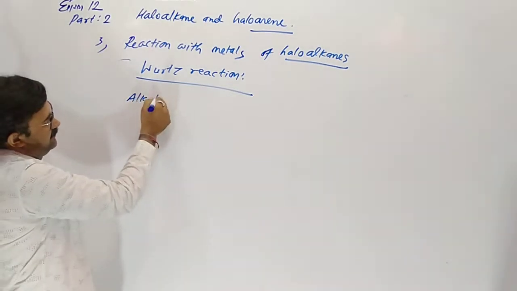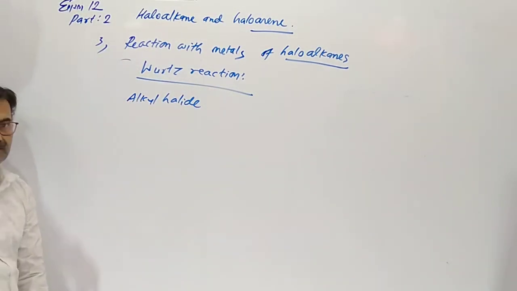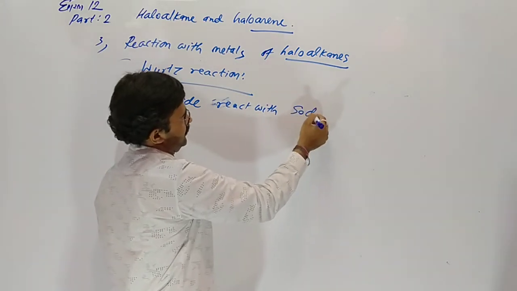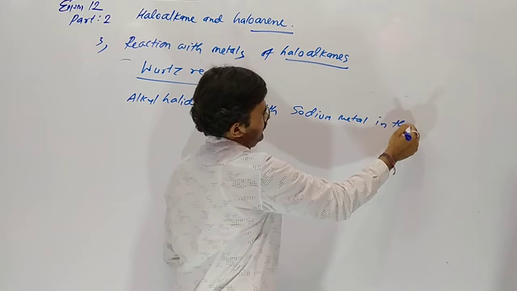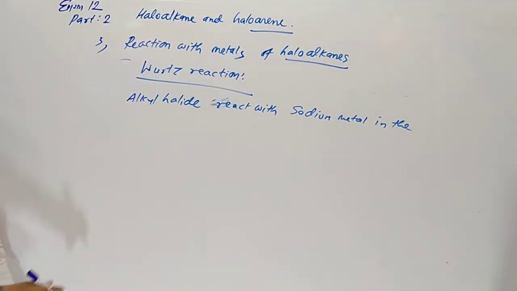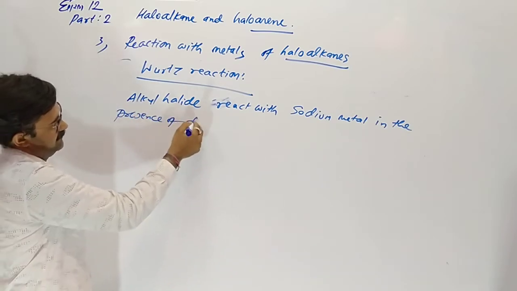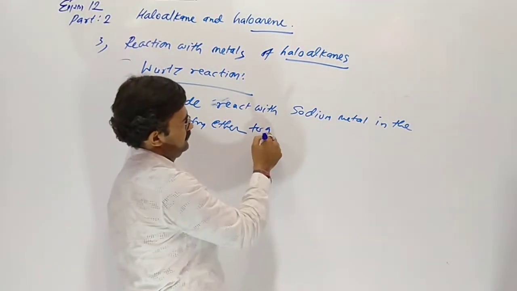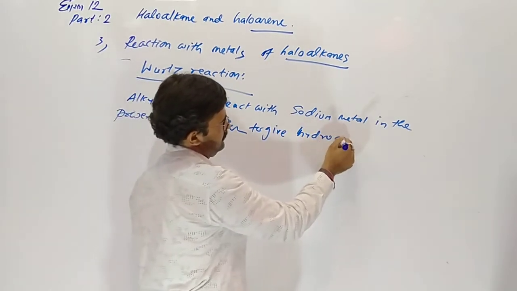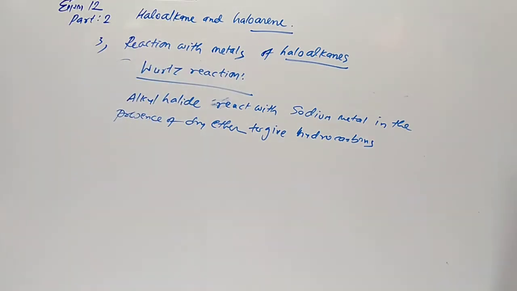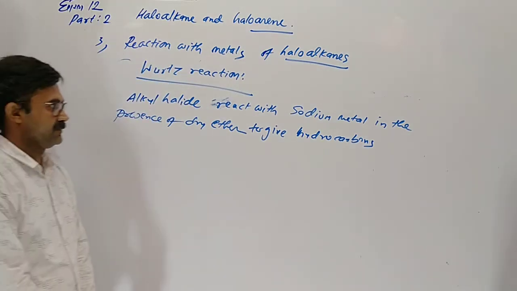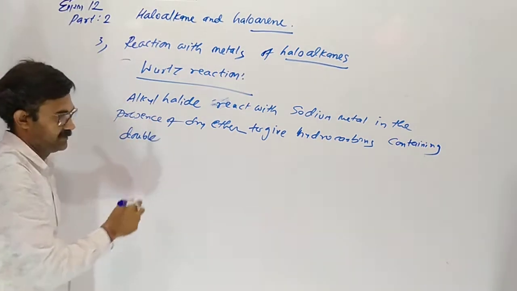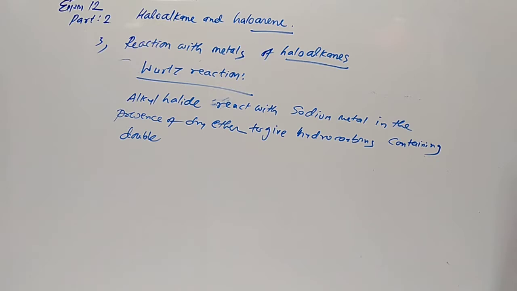Alkyl halide reacts with sodium metal in the presence of dry ether to give hydrocarbons containing double the number of carbon atoms.